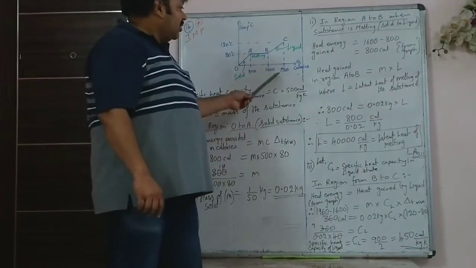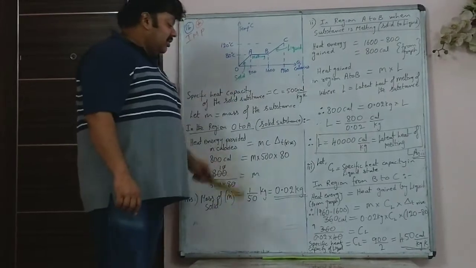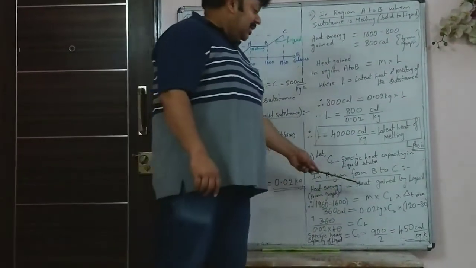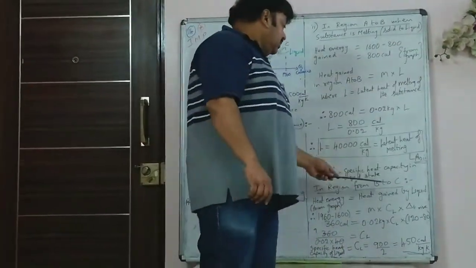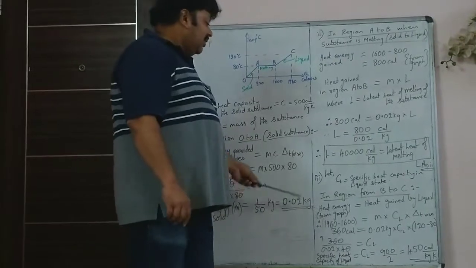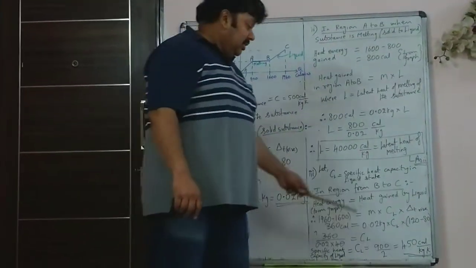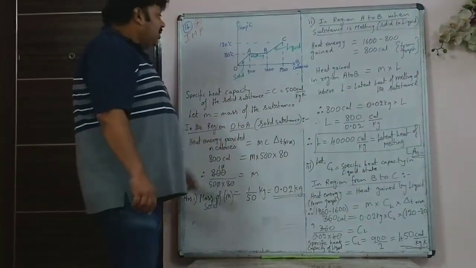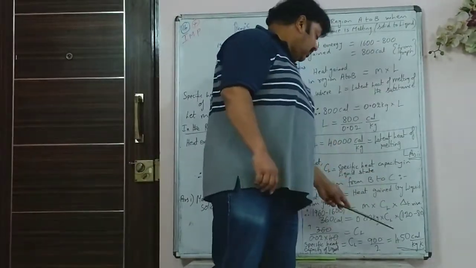So in this region, how much heat energy is supplied? 1960 minus 1600. 360 calorie of heat energy is supplied. That is equal to mc delta T. Mass is 0.02, you had just found. Specific heat capacity of liquid is Cl. And delta T rise in temperature is 120 minus 80. Here the rise in temperature is 40.